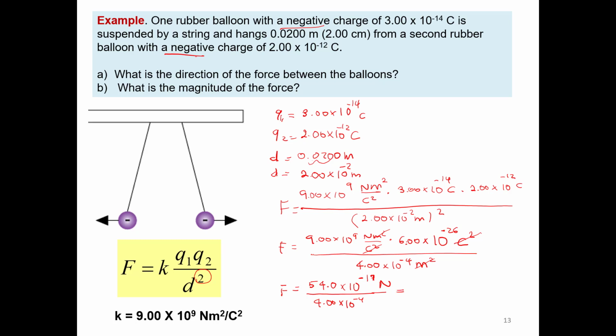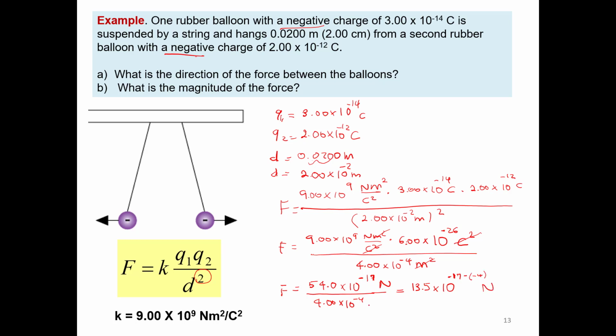If we divide the numbers, 54 divided by 4 equals 13.5, times 10 to the power negative 17. Remember, we subtract the exponents if we have division, this one minus this one, then minus 4.